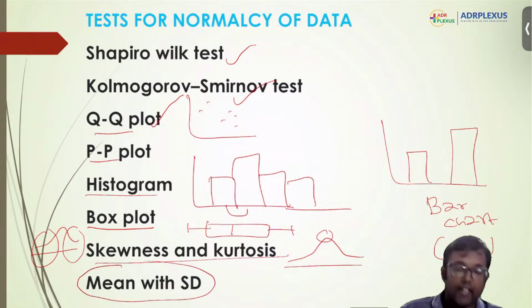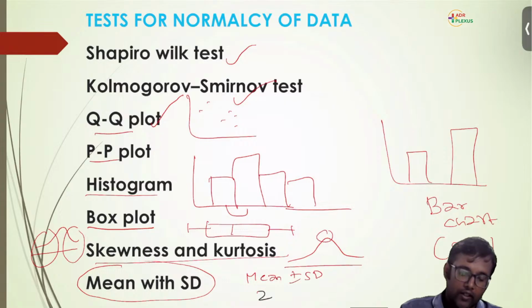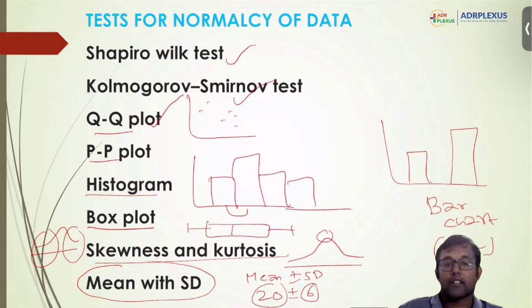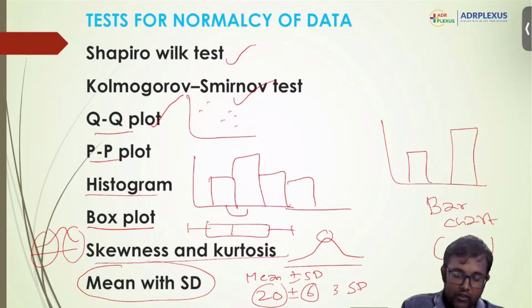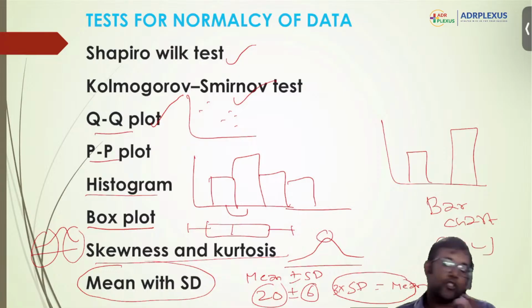Then mean with standard deviation. Normally, what they tell about mean and standard deviation is, if the mean is 20 and the standard deviation is 6, then about 3 standard deviations will come around the mean. So this is like a rough thing. This is used in calculations for journal publishing, so you need not know about that.